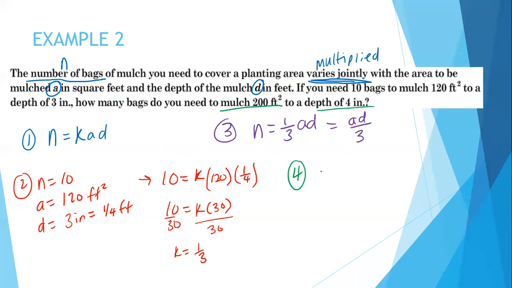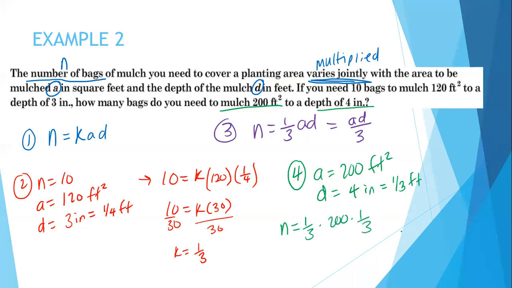So we know that A equals 200 square feet, and D equals 4 inches, which is 1/3 of a foot. So I now have all the information. So N equals 1/3 times 200 times 1/3, which equals 200 over 9.